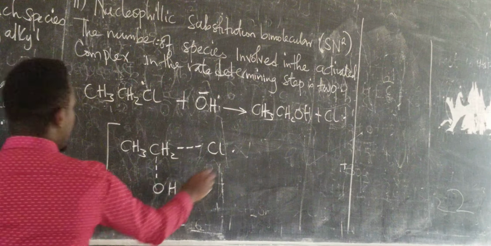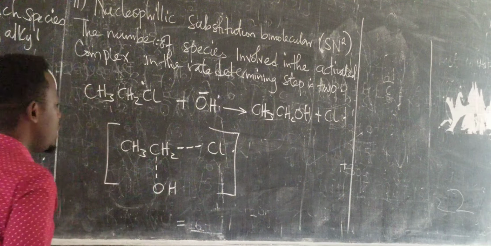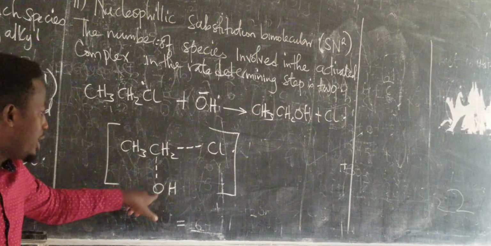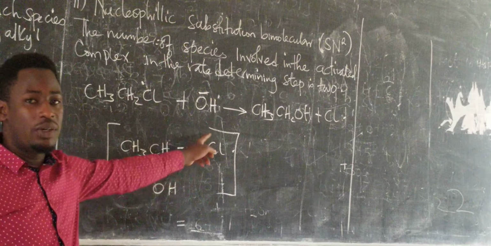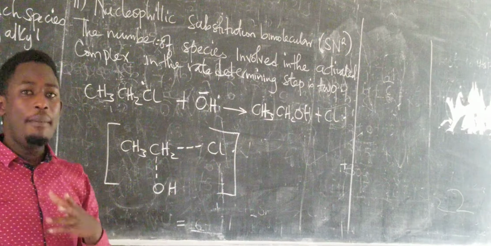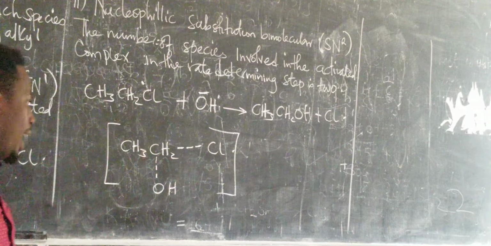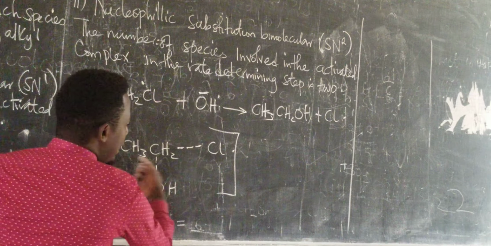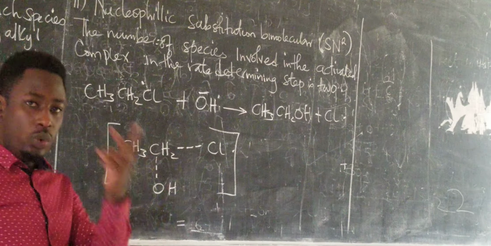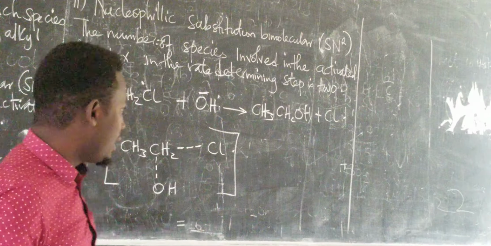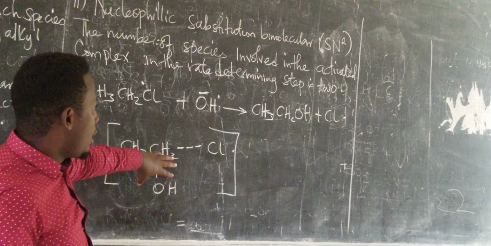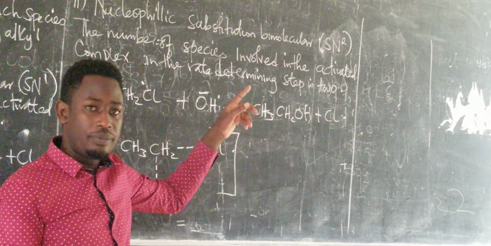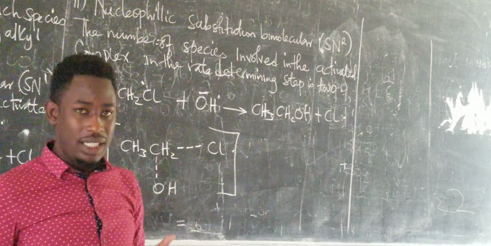So this one is going to be our activated complex in this case, because the OH comes in simultaneously as the chloride is breaking off. So how many species do we have here? We have the OH, and then we have the alkyl chloride. Two species. So in this case, there are two species that are involved in the rate determining step. I hope you understand that.